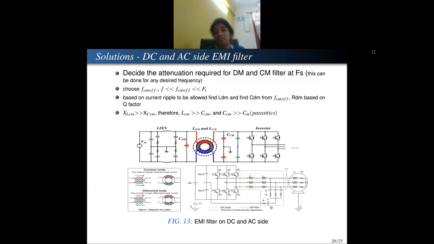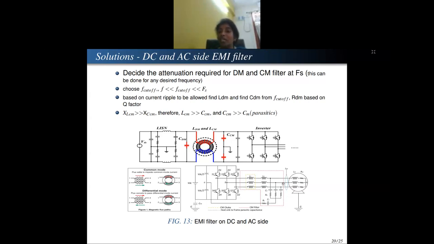There are different goals you can have. Either you can have the output of this filter as a pure sine wave, such that the load sees a pure AC to AC conversion, or you could aim only to minimize the noises. You can keep that goal. If you want a sine wave at the end, you have to make sure all of the switching multiples are reduced.